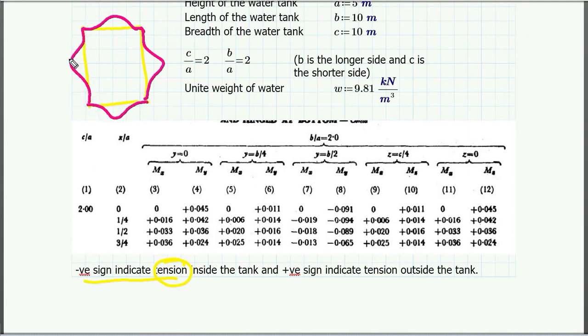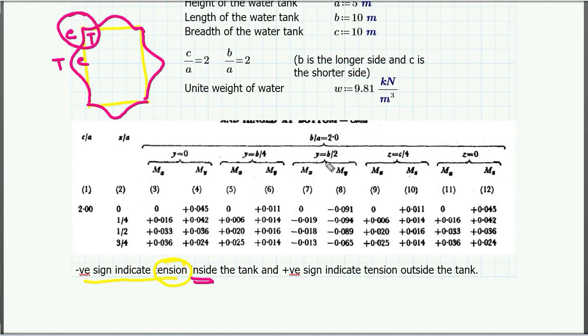That means here tension is outside, compression at the inside, and at the end tension will be inside and compression at the outside, right? So whenever there is a negative sign, that means tension is inside. That means at the end, this kind of condition where tension is inside.